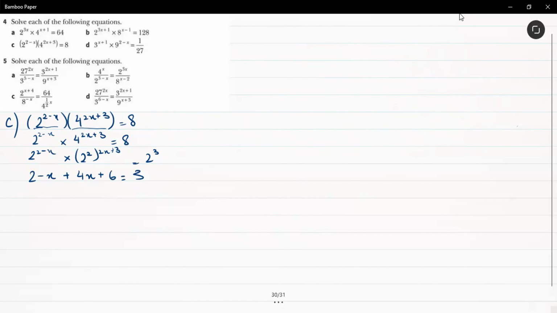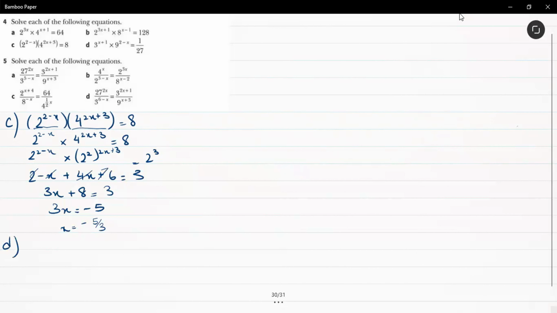So 4x minus x is 3x, plus 6 plus 2, 8, is equal to 3. So 3x is equal to 3 minus 8, which gives us negative 5, and x equals negative 5 over 3. And that is it for part C.